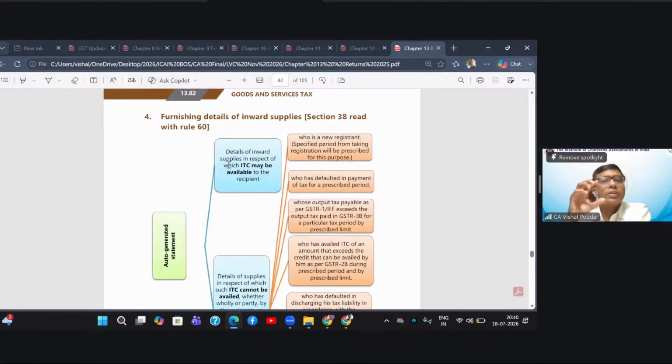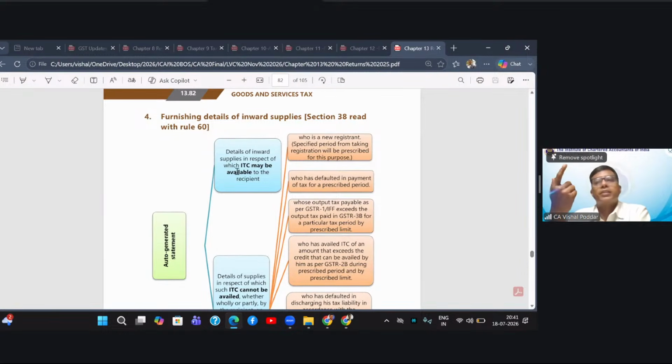So the portal has an auto-populated inward statement, which is GSTR2A and also GSTR2B. So I need not file any GSTR2 now because that return has been discontinued. But whatever my suppliers have filed, that is reflecting in my portal. So at least I can check, I can verify whether my suppliers have completely and correctly filed their outward details, because that will form the basis of my ITC.